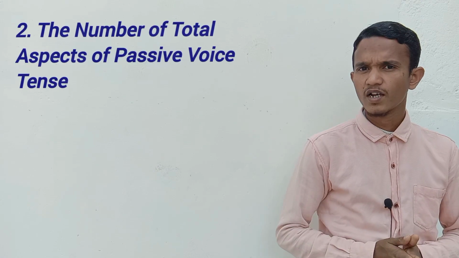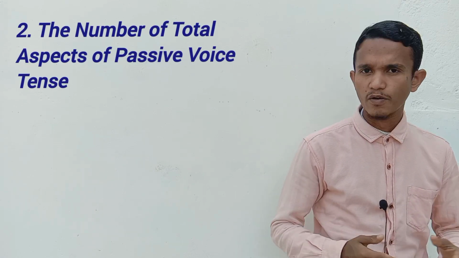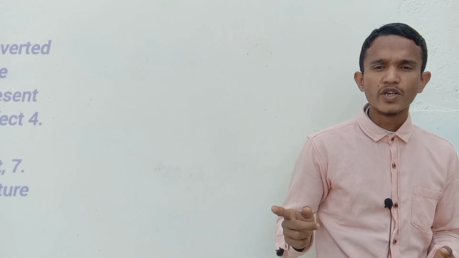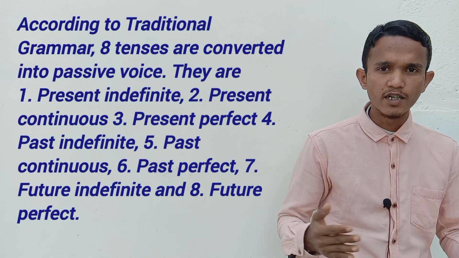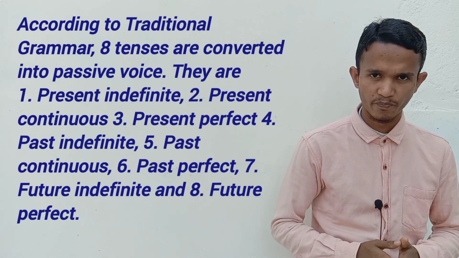Number two, the number of total aspects of passive voice tense. How many aspects the passive voice tense has is a disputed topic. According to traditional English grammar, there are only 8 tenses that can be converted into passive voice tense.